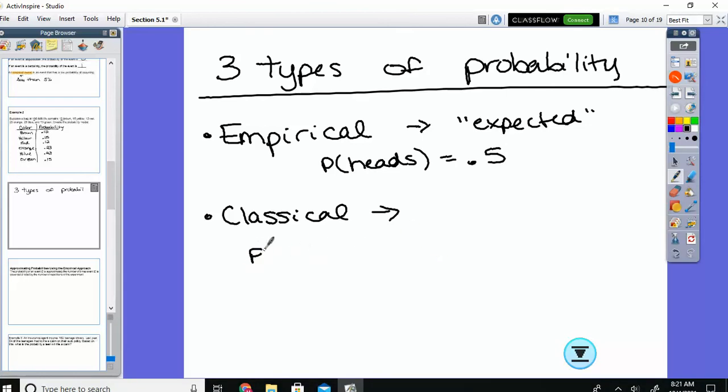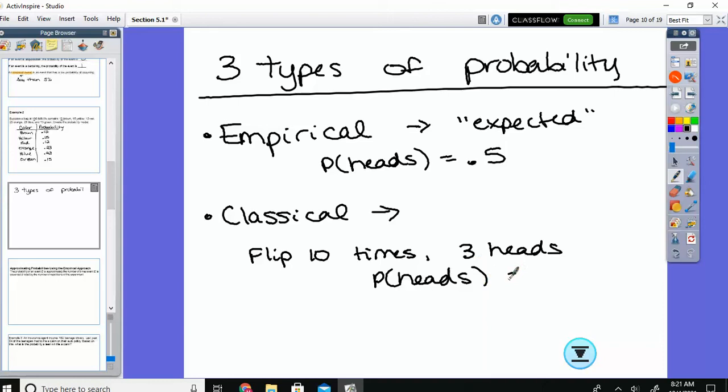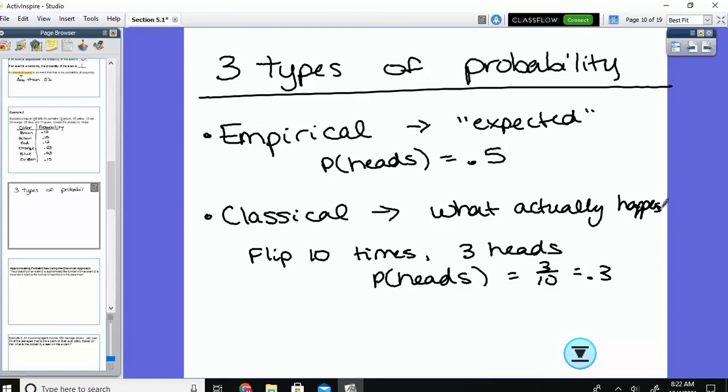Yeah, if we flip 10 times, we got 3 heads, then the probability of heads is 3/10 or 0.3. So classical is what actually happens. We know if we keep doing this, it should look more like our empirical, what we expect. But if I just ask from our experiment, it's what actually occurred.